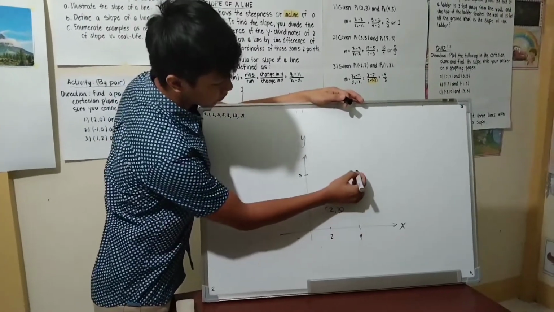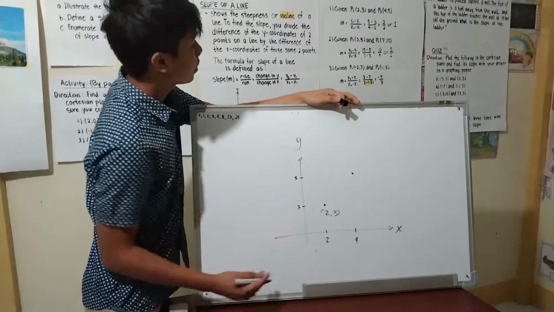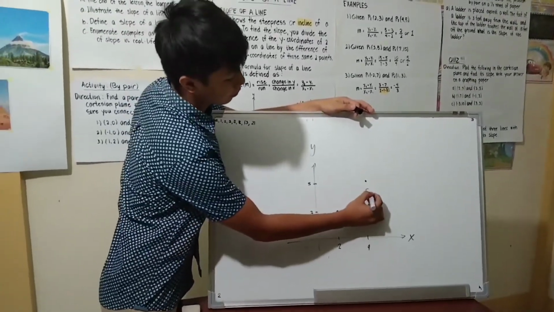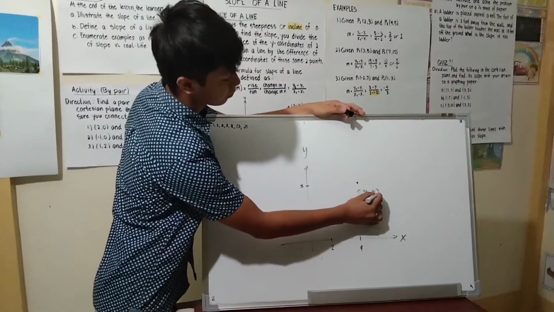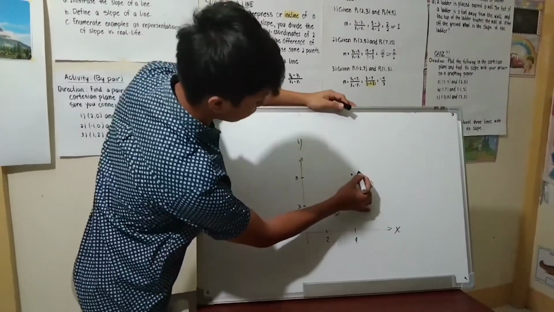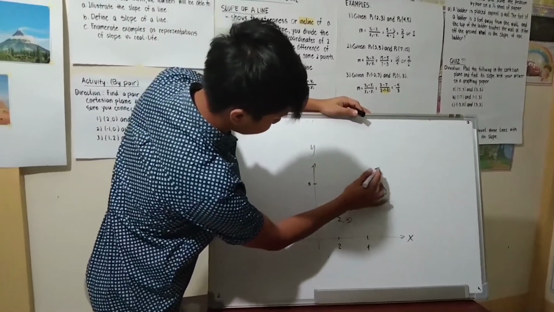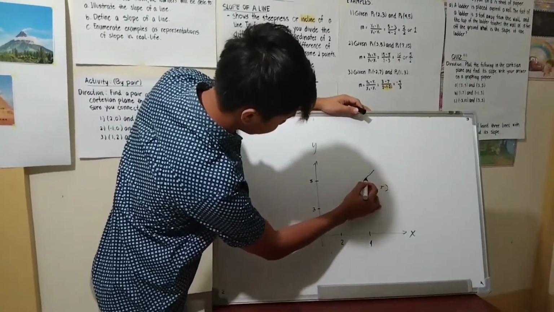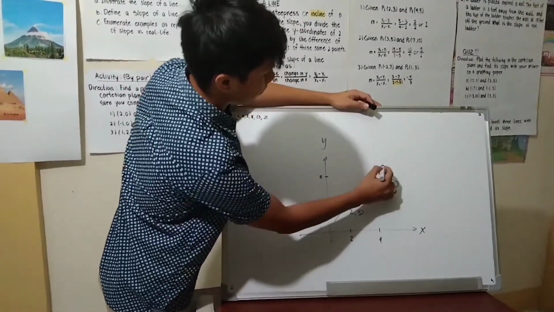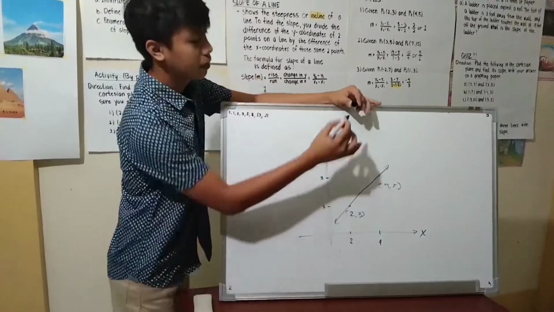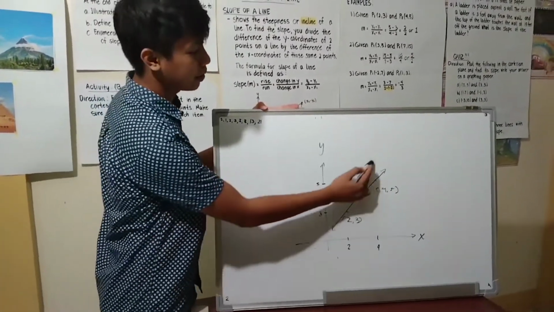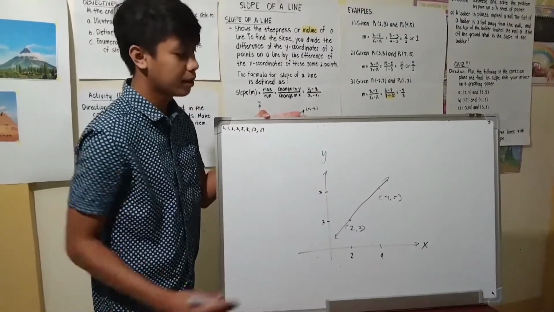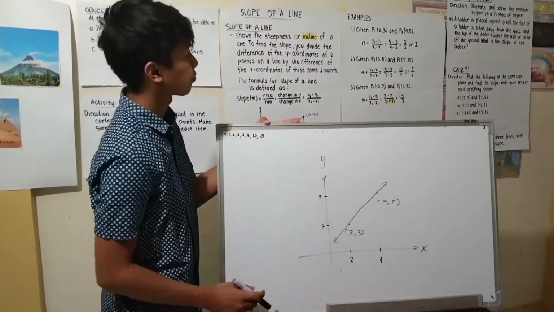So therefore, this is point (4, 5). Now, connect the points. Now, our task here is to find the inclination of this line, meaning the steepness of this line.